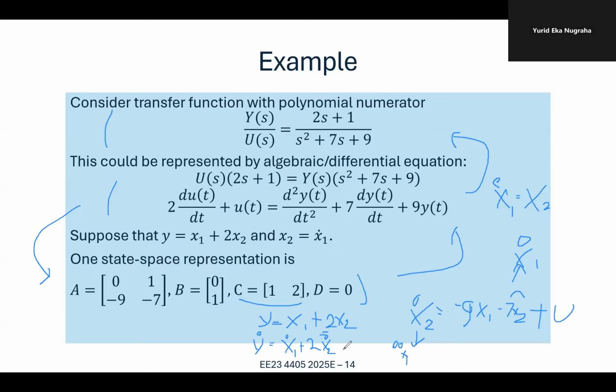So we then move this x2 dot, and this entire term is 2 times minus 9 x1 minus 7 x2 plus u.